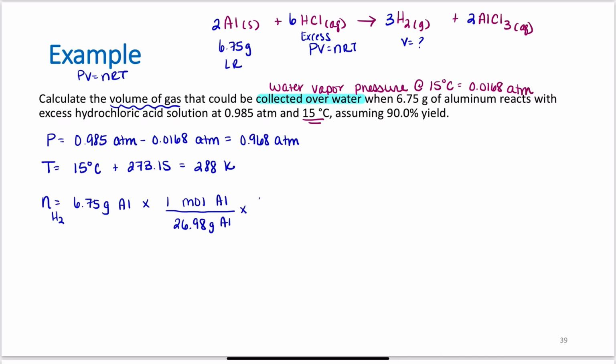Use my balanced equation. I see that 3 moles of H2 are produced for every 2 moles of aluminum consumed. And I get 0.375 moles of H2 being produced.